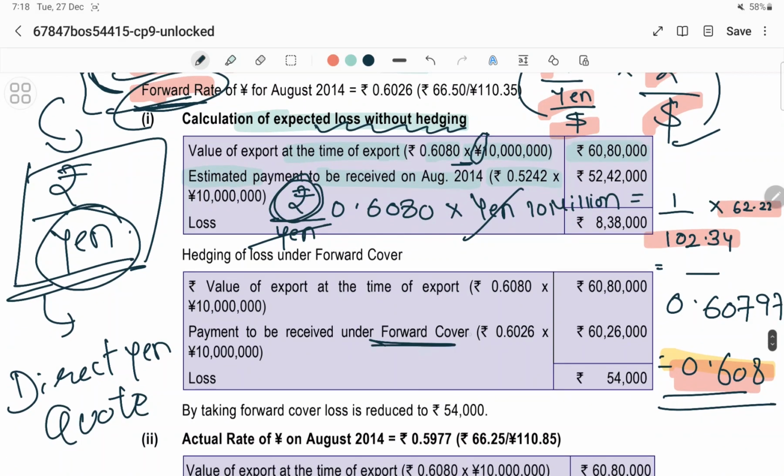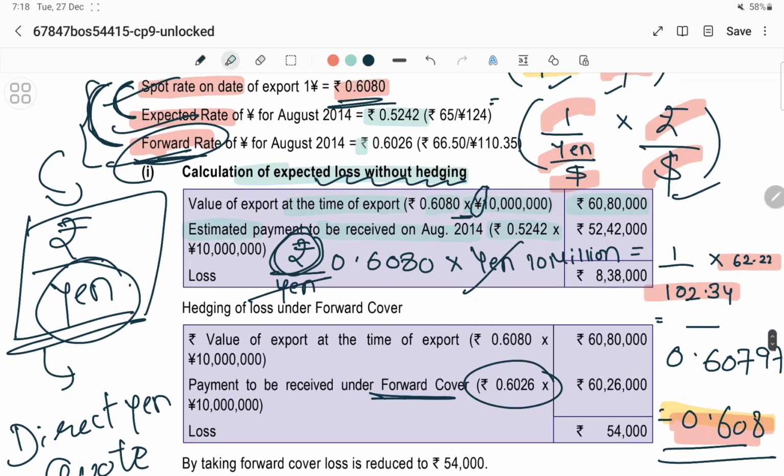See, forward rate here, this is 0.6026. In case you've hedged, then the difference will be forward cover and spot, that is 0.6080 and 0.6026. In case it is without hedging, the difference will be spot and what you are estimating will be the rate in August 14. Okay, the difference then is a loss.